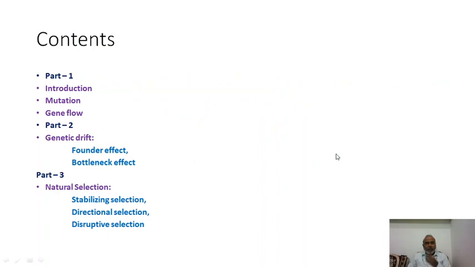Let's get started. Contents of this entire video lesson. As I mentioned, it is developed in three parts. Part 1 consists of introduction, mutation, gene flow. Part 2 consists of genetic drift, with subheadings founder effect and bottleneck effect.